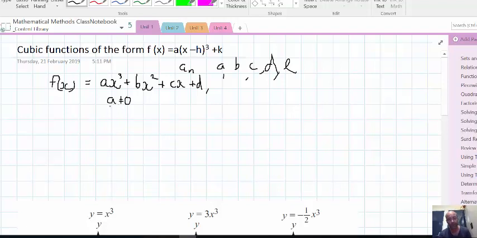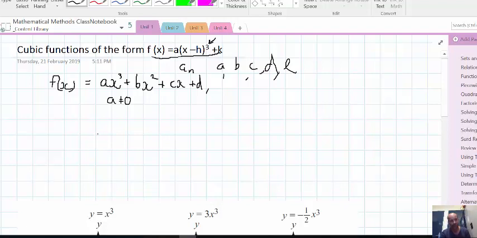Okay, so we are looking at this other form up here. Now that should ring a bell a little bit because it resembles to a large degree the turning point form of a quadratic, except we have a different sort of function. We have a cubic and they have quite different properties.